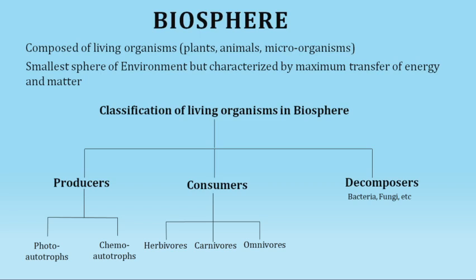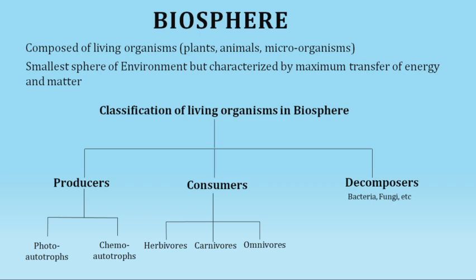The first type of living organisms which are found in the biosphere are producers. These are those living organisms who can manufacture their food on their own. The producers can further be subdivided into two subcategories. The first subcategory is known as phototrophs. Phototrophs include all the green plants. The green plants can synthesize their food with the help of sunlight, carbon dioxide, water by the process of photosynthesis. So they are kept under this subcategory.